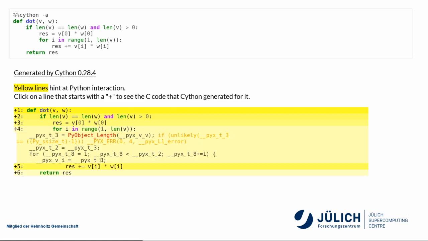And I can actually click on this plus sign and see the C code that is generated for this particular line. All right, so this is actually translated into a for loop. This for loop isn't that bad. But there's also some checks and Python object length in here that don't allow huge optimizations.